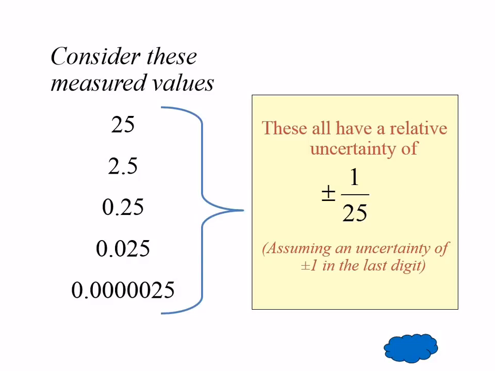I'm not going to do it, but we could, for each one of these, do what we just did for the trailing zeros: plus or minus 1, plus or minus 0.1, plus or minus 0.01, you get the idea. And this would be plus or minus 0.000, we got 5. If we do the ratio that we did before, in all these cases, the relative uncertainty is 1 in 25 parts.